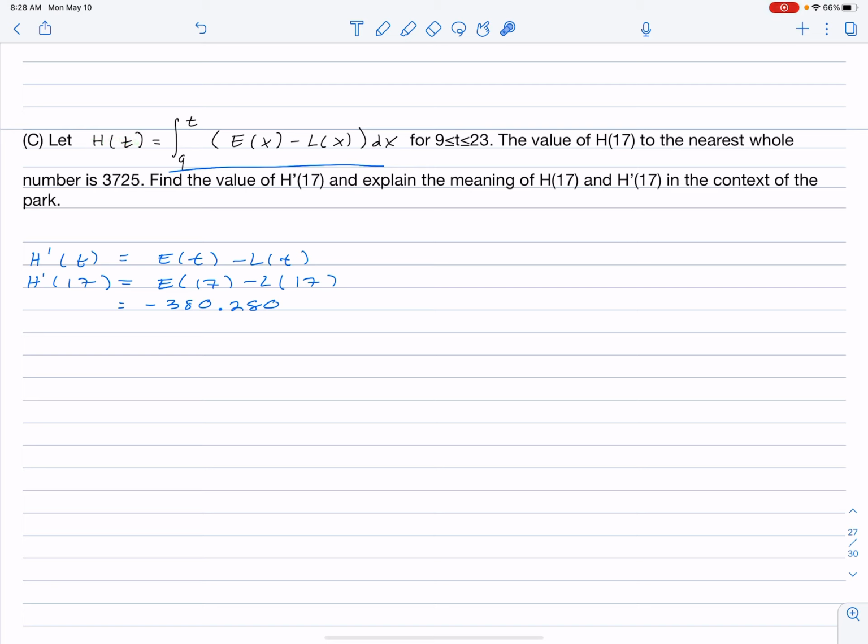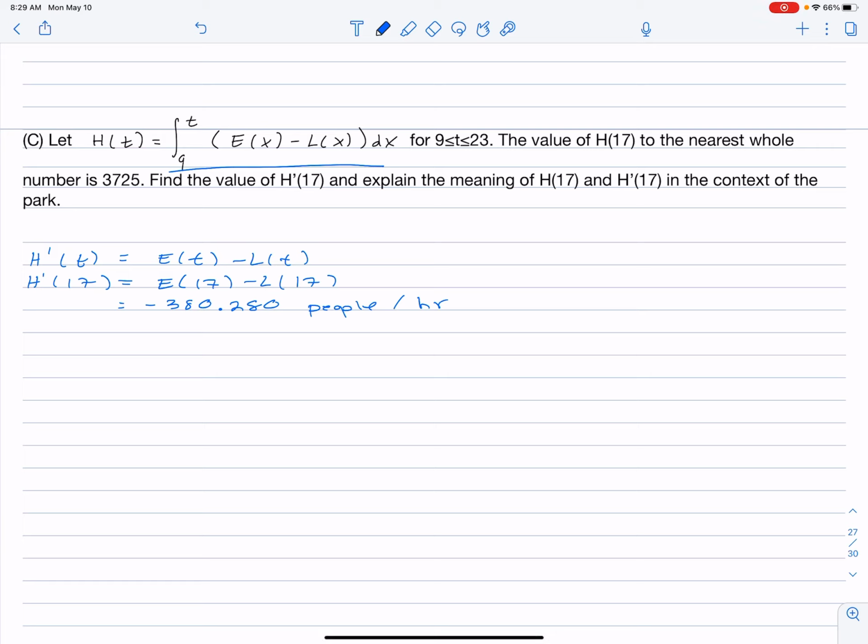This is a position function, because we are integrating two rate of change functions. So this is going to give us the total number of people in the park at any one time. But now, since we're taking the derivative of that, it's going to be the change in the number of people per hour in the park. So we can say people per hour.